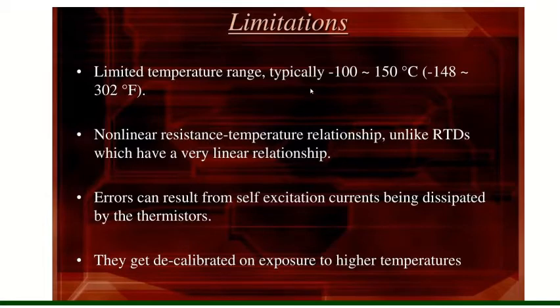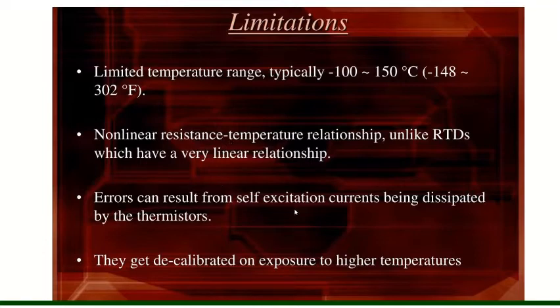Limitations are that the temperature range is typically from minus 100 to 150 degrees centigrade, and there is a non-linear resistance-temperature relationship. Non-linear means that for different temperatures, the resistance value can vary typically.